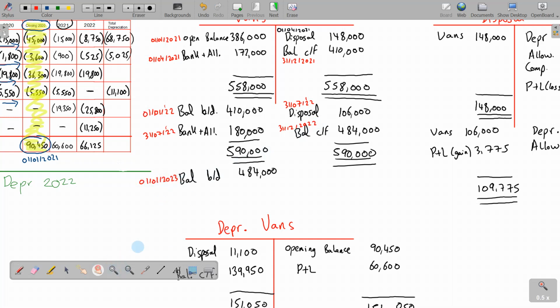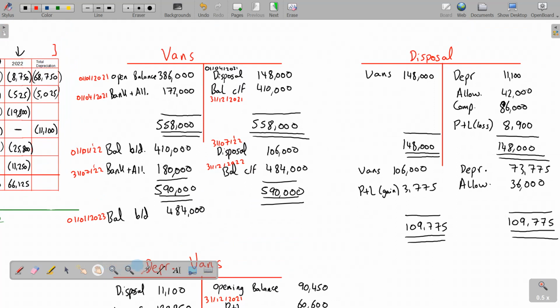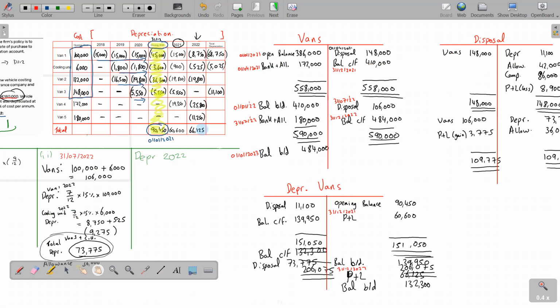So that's how it all works there. I won't do it for depreciation because it's the exact same. Now the P&L will always be the end of the year, so 31st of the 12th, 2022. Just make these a bit nicer. Didn't make the T accounts big enough. And that is the process for doing depreciation questions.